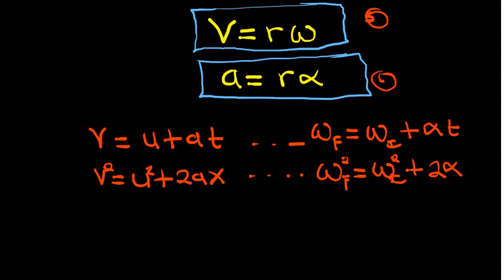Then the s there is the distance traveled, but for objects moving in a circular position, the distance is theta. So any equations that you know under linear motion can be manipulated.